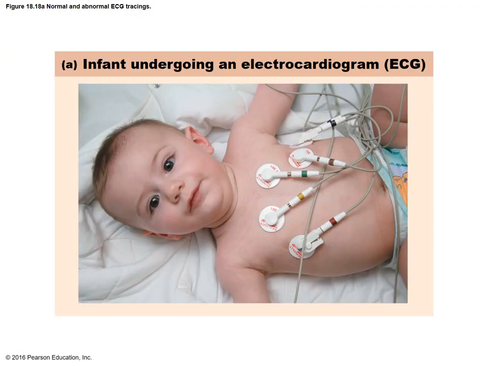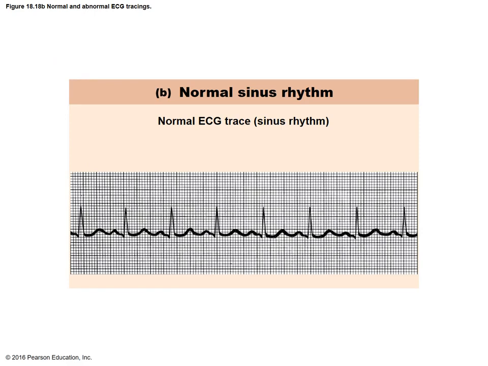This is showing a young infant. They are performing an EKG on, as you can see, all the electrodes that are placed on the child. And here is a normal, we call it sinus rhythm. So you can easily see the first little blip, the P, and then you've got the QRS, and then followed by the T, and then it starts over again.